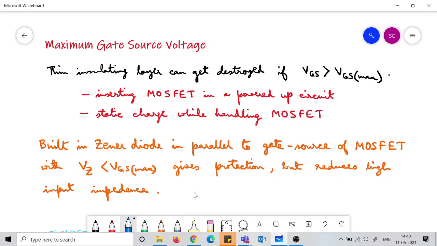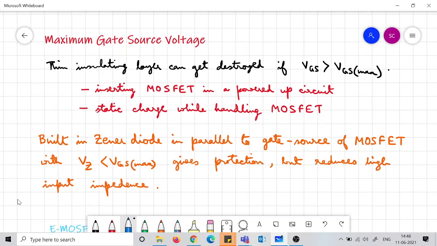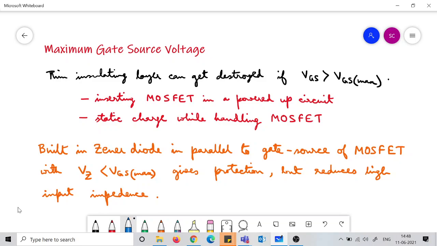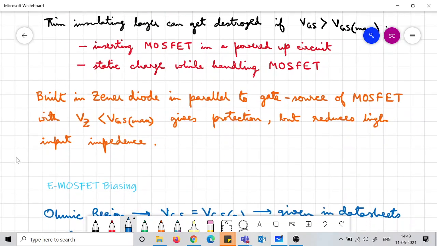If your application does not need a very high input impedance, then to give protection to that circuit, you can use a MOSFET with the Zener diode protection. Otherwise, you have to be very careful yourself in handling the MOSFETs.